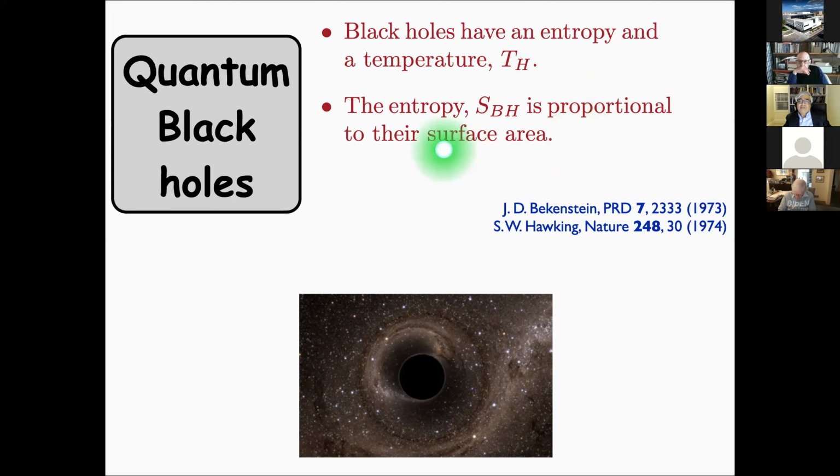Because the entropy is only proportional to surface area, you have the possibility of holography: describing it as a quantum system without gravity, sitting somewhere on the surface, or the boundary of space-time. For the three-dimensional black holes that we are considering, it would be a two-dimensional surface somewhere, which would have all the quantum information needed to describe a three-dimensional black hole. And now we have many such realizations of this remarkable idea.